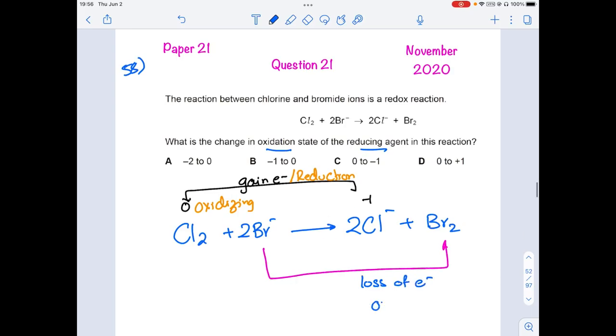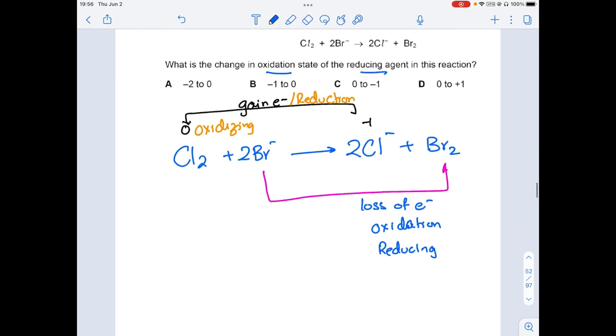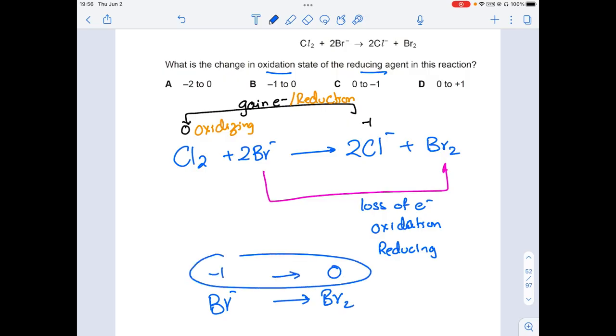Loss of electrons is nothing but oxidation. A reducing agent will be undergoing oxidation. So the bromide ion is going to be the reducing agent. Br minus became Br2, so from -1 it became 0. Which option is that, -1 to 0? Option B is going to be the answer.